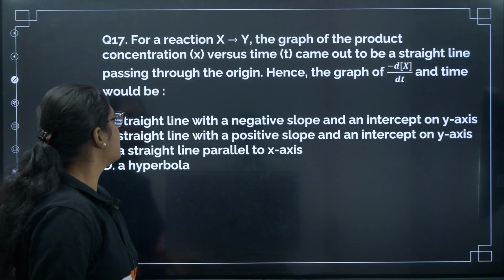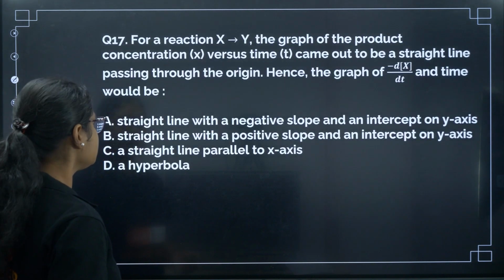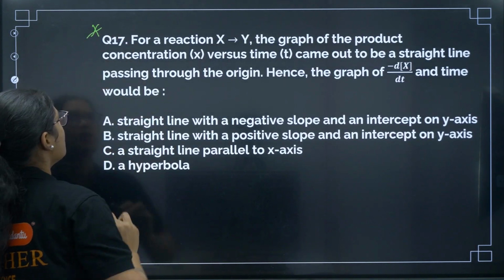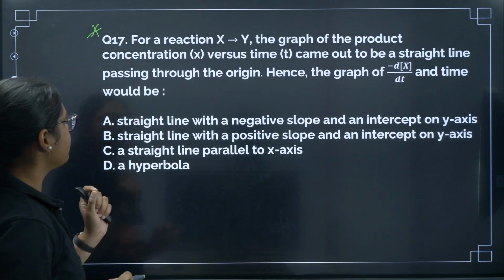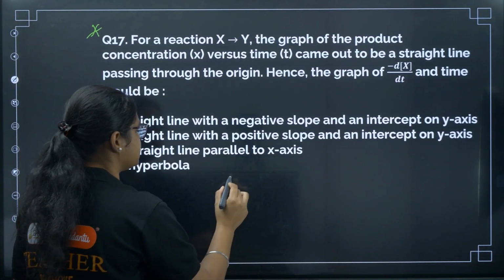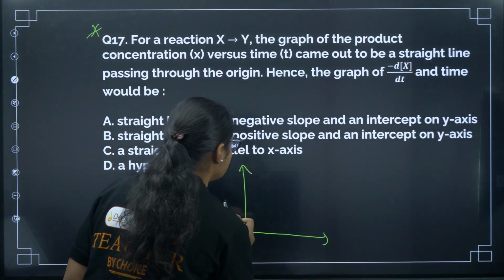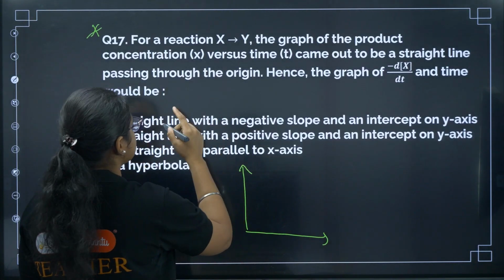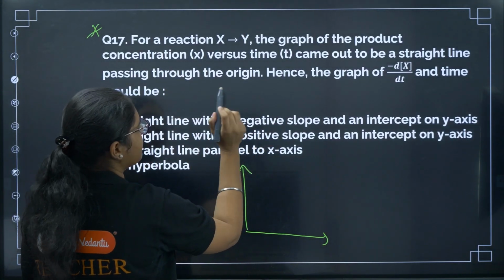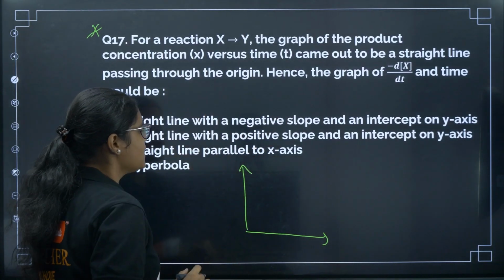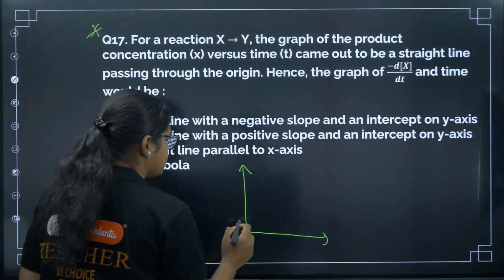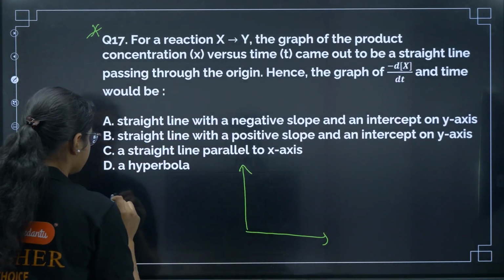Very easy one. Next question is, okay, this is one important question. For a reaction X to Y, the graph of the product concentration versus time is a straight line passing through the origin. Okay, so now if I see, we have this equation.